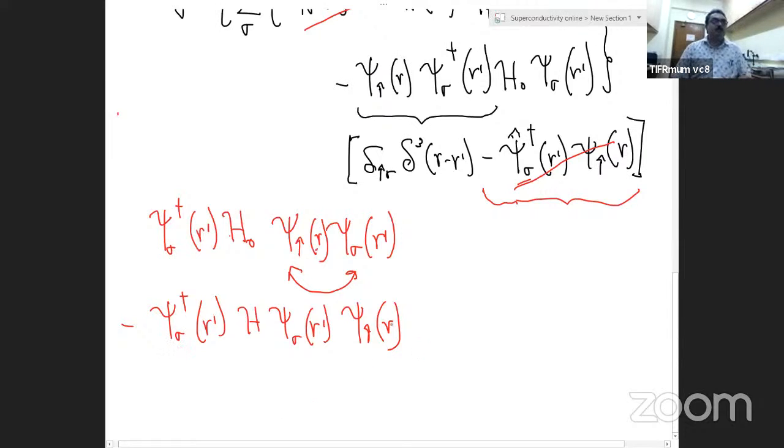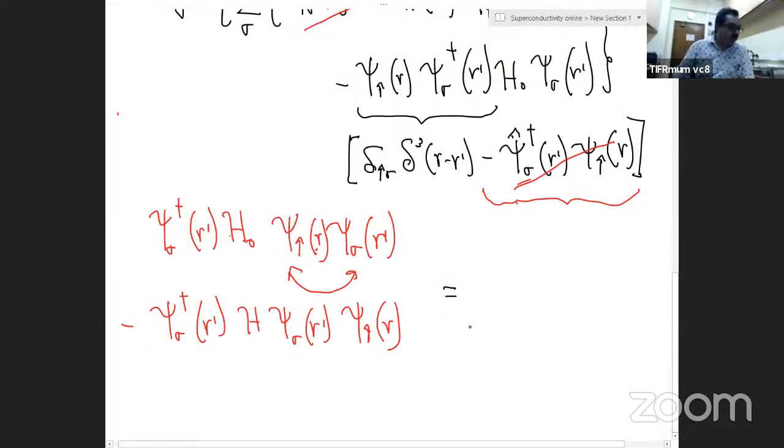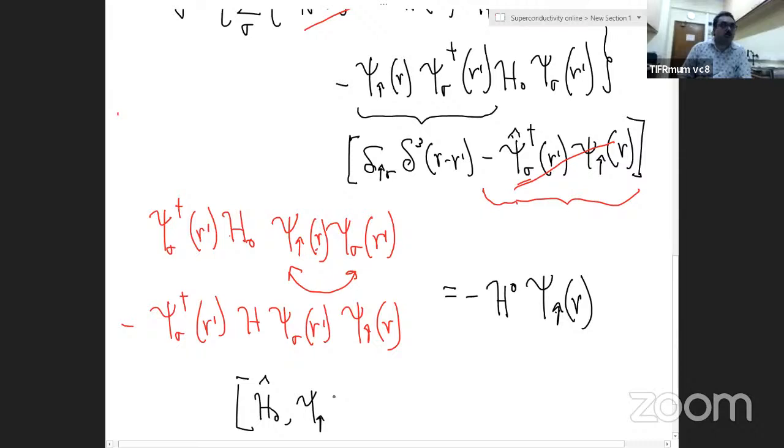And if I integrate over R prime, then what I will get is minus H naught psi up R. So therefore, this commutator gives me minus H naught.